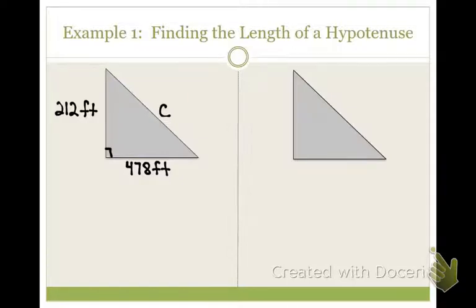So what it's saying is the bridge is actually 212 feet high. That's pretty high. And it's 478 feet, the bridge surface. Wow, so that's actually the surface of the bridge.